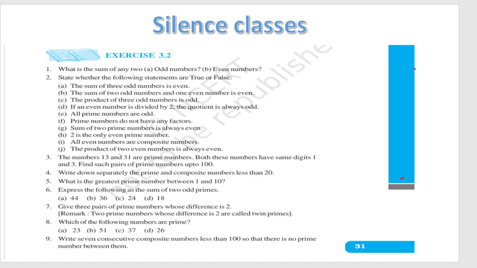Consecutive means continuous. So I have to write consecutive composite numbers less than 100, so that there is no prime number between them.